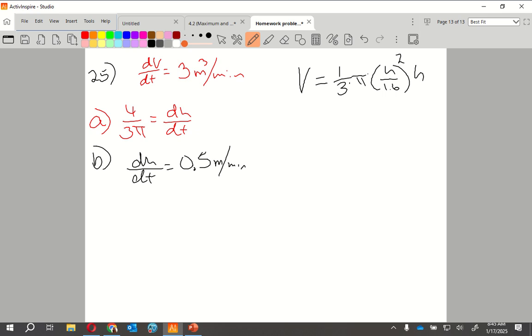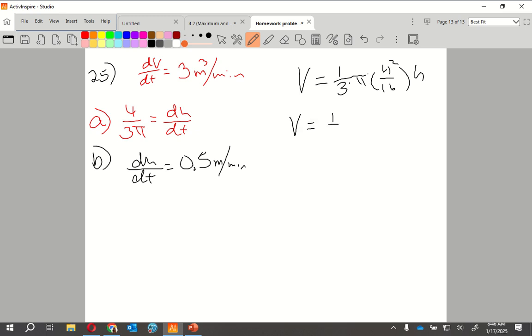It should be over 4, not 16, right? I think we got over 16 because we squared it. Okay, so that's how we got the 16. I'm just making sure because I don't want to redo the whole problem over again. So this is H squared over 16 because the 4 worked out. Yeah, it was H over 4 squared times H. Okay, then combine.